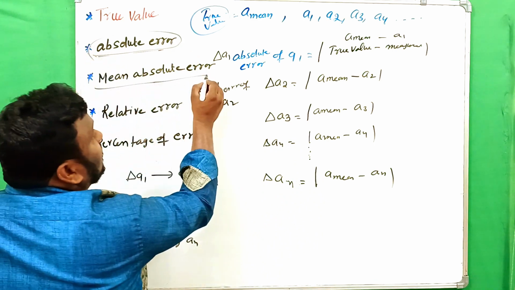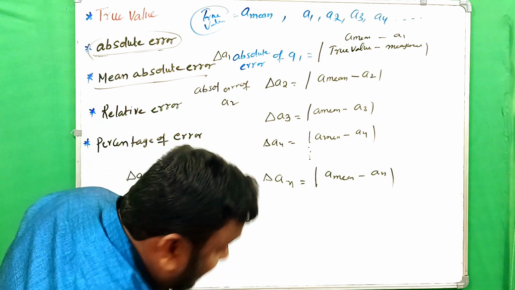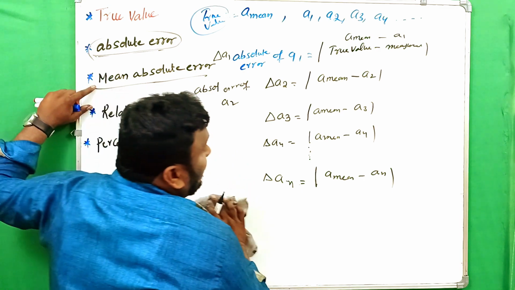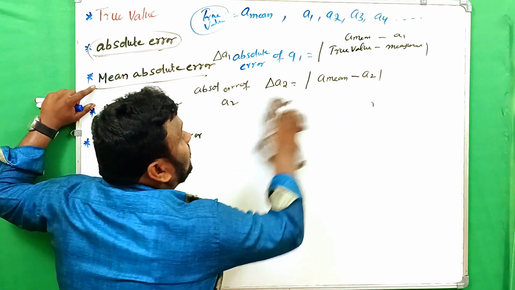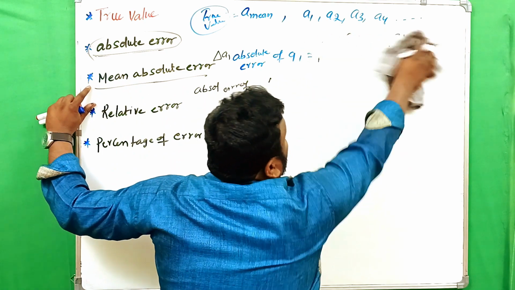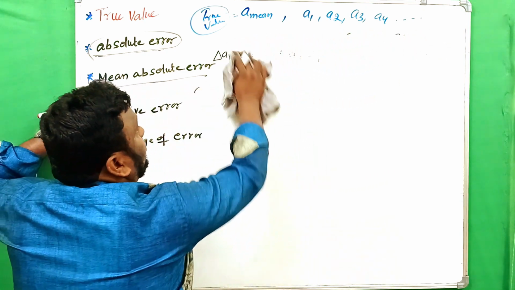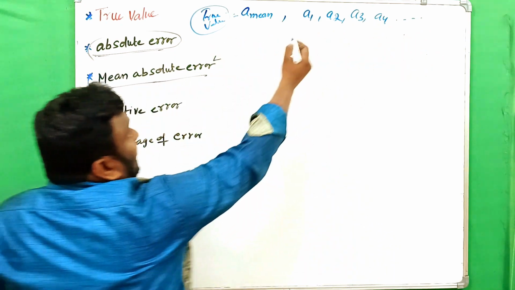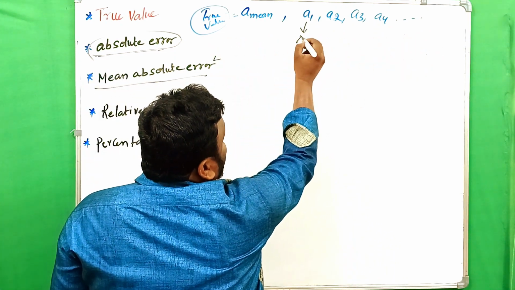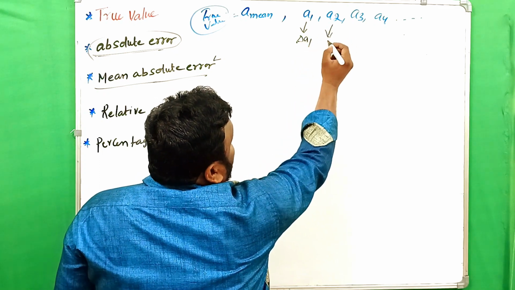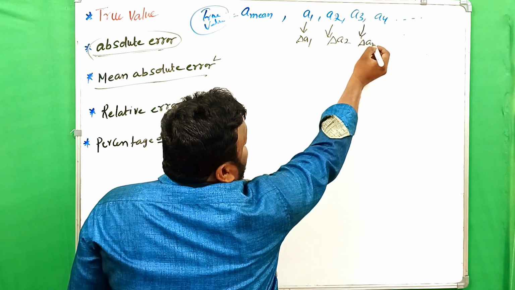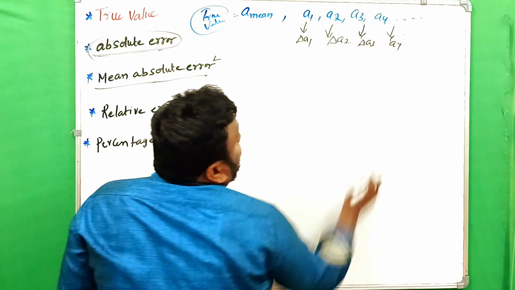Now, mean absolute error. Very simple: in the title itself we have mean absolute error. Mean means average, the arithmetic mean. A1 is a measured value and its absolute error is delta A1, A2 is a measured value and its absolute error is delta A2, and similarly delta A3, delta A4 and so on.